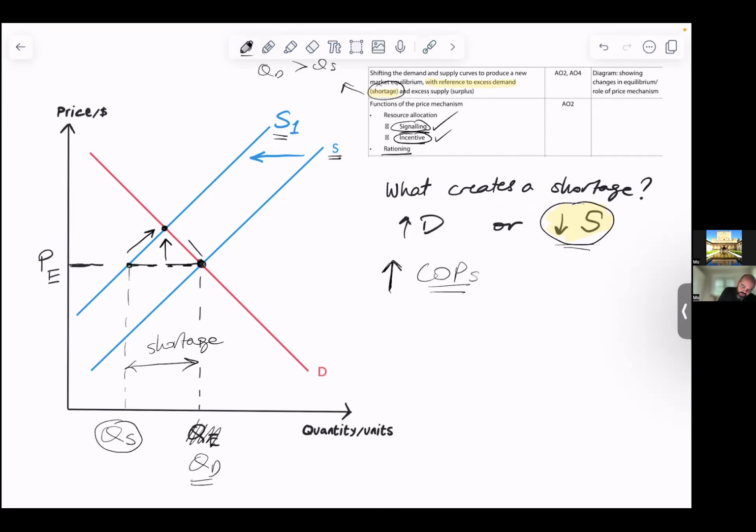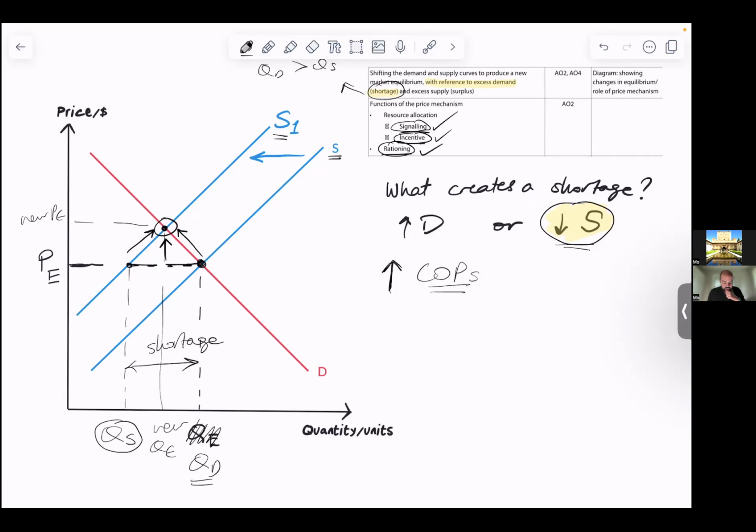Quantity demanded will gradually decrease along the original demand curve until a new equilibrium is reached. We'll call this new PE and new QE. And the change in price will ration the product, because who gets the product? Those who are willing and able to pay the higher price. They're the ones who end up securing the product.